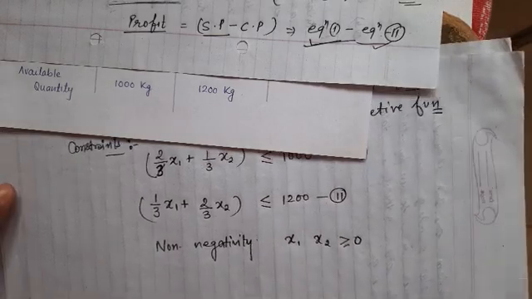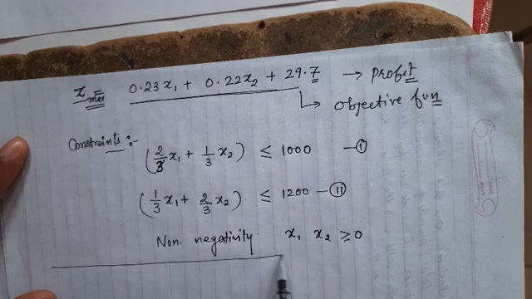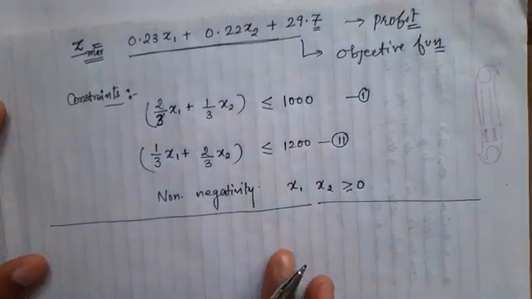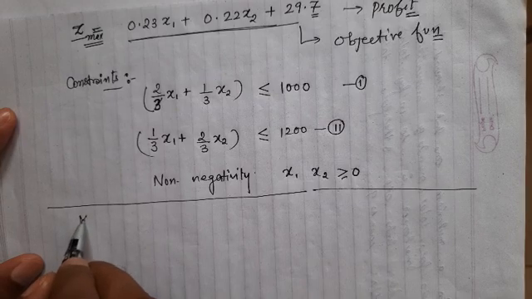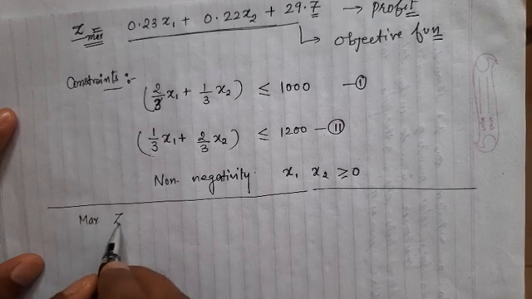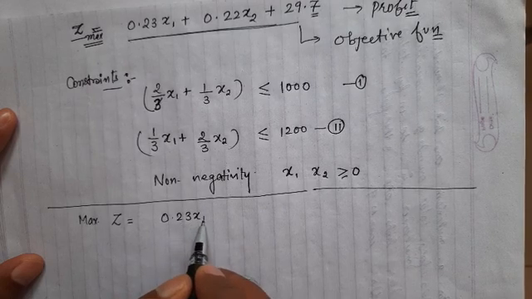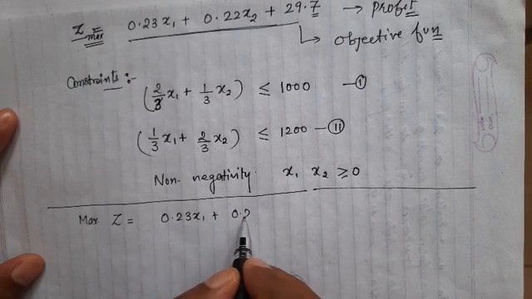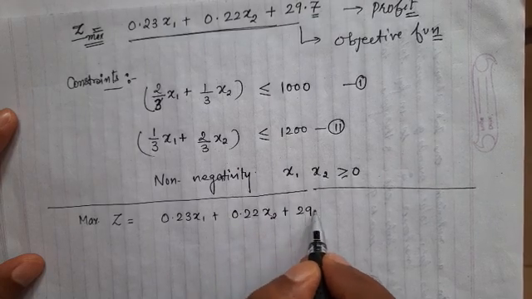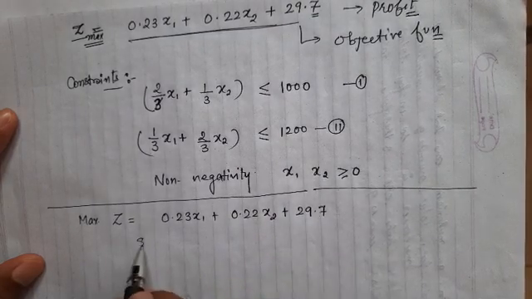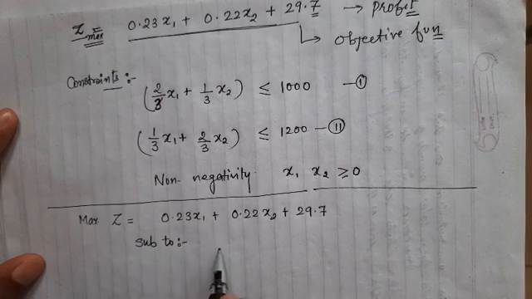If I summarize, I will write like this: maximize z, where z is equal to 0.23 x1 plus 0.22 x2 plus 29/7, and this function is subject to two constraints.